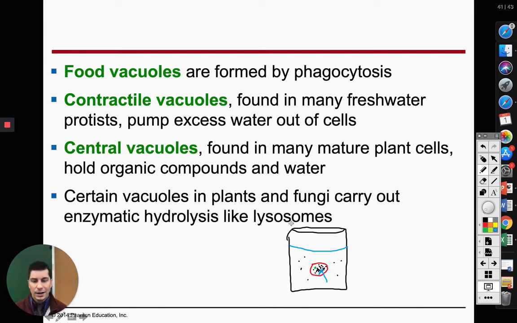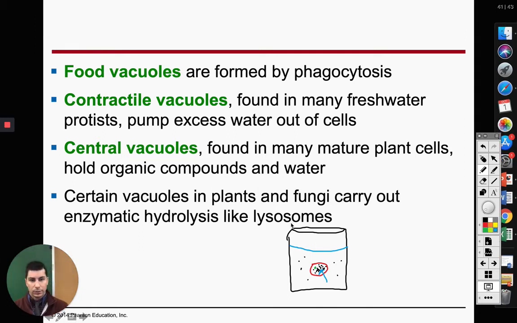So what the contractile vacuole does is, throughout the whole organism's lifetime, it's going to get real big, fill with water, and then spray all the water outward. And then it's going to keep repeating this process over and over again, where it fills with water and ejects the water from the cell. That way it does not explode. So that's the contractile vacuole.